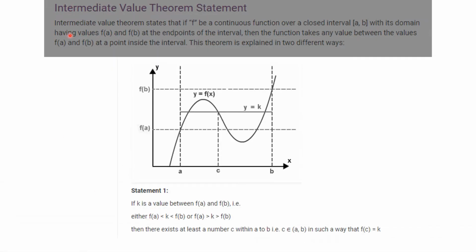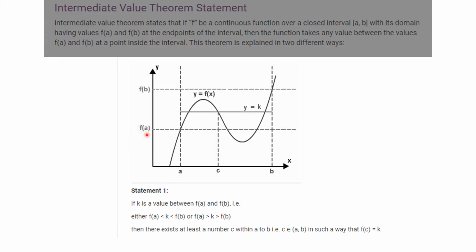Back when you were taking Calc 1, you studied the intermediate value theorem for continuous functions, which states that if f is a continuous function, meaning you can trace it without ever lifting your pencil, over a closed interval [a, b], and it does have to be a closed interval, the domain of the function is from a to b, and it has values f(a) and f(b) at the endpoints of the interval, then the function takes on any value between f(a) and f(b) at a point inside the interval. And so the theorem could be explained graphically just looking at this.